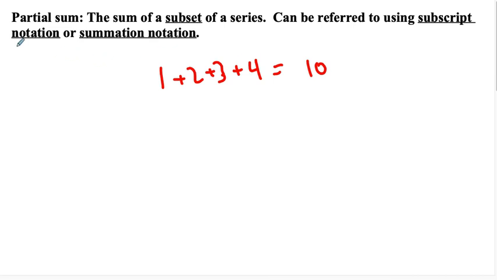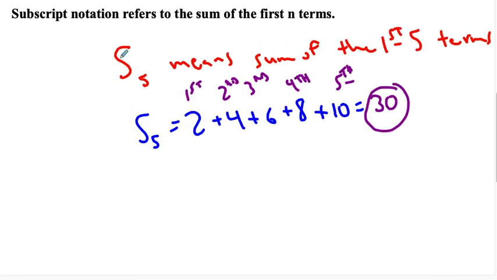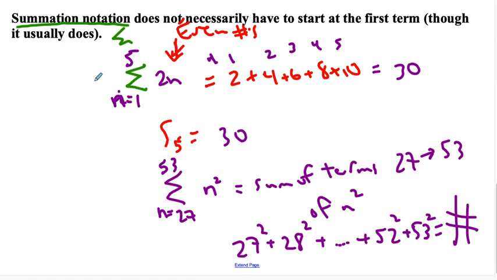But more of what we will be focusing on is something called a partial sum, that is looking at the sums of a part of a particular sequence, usually starting at the first term, but not always. Sometimes it's written using subscript notation, S sub 5, and sometimes using summation notation with our funny little Greek sigma.